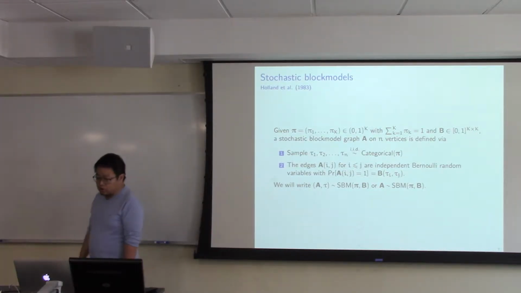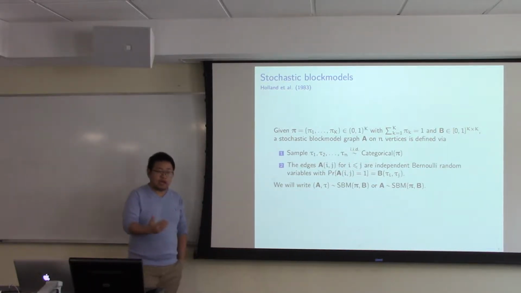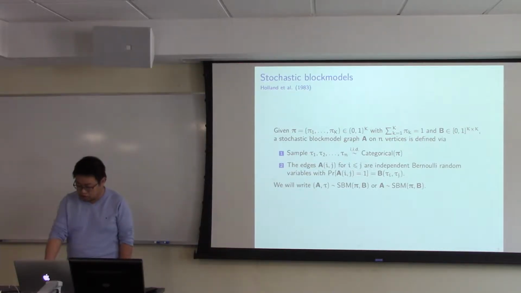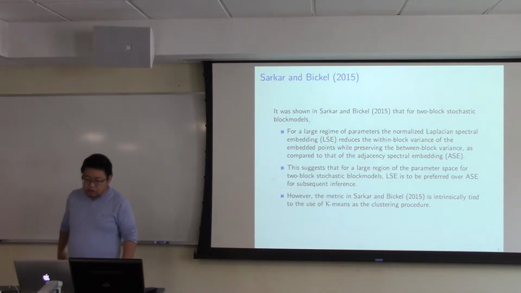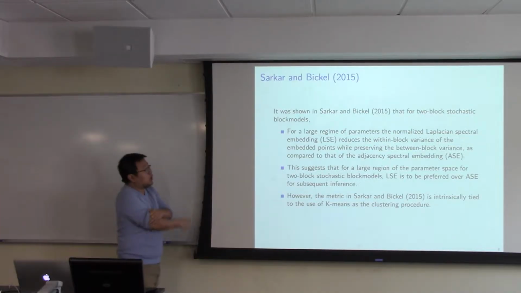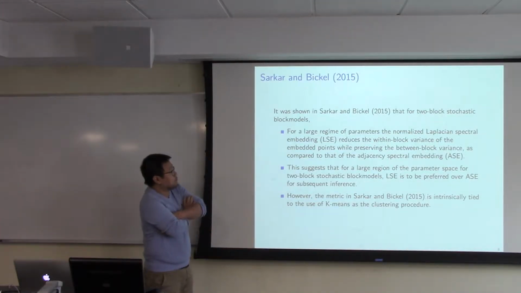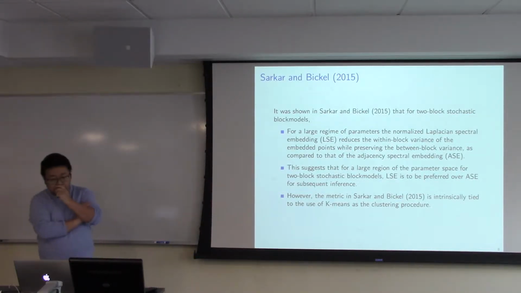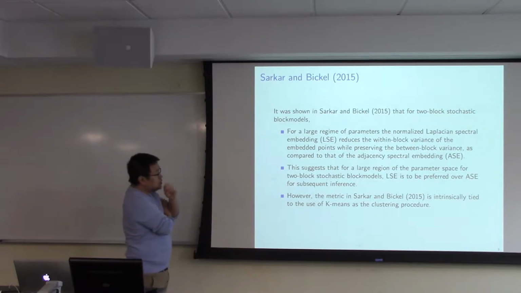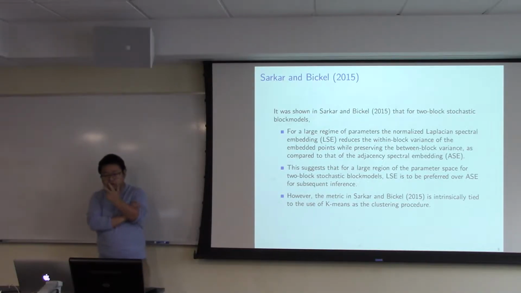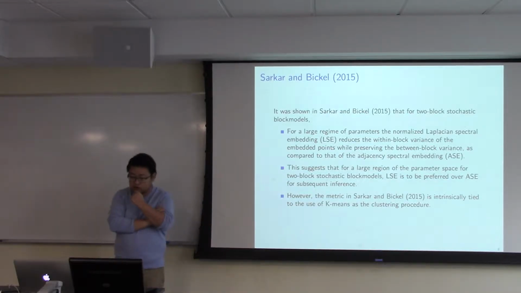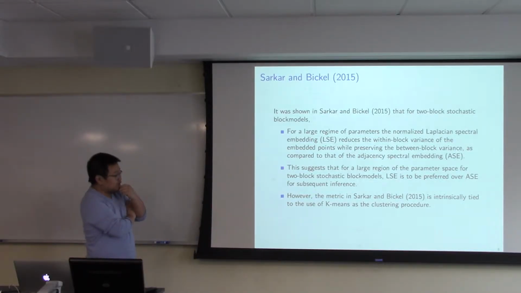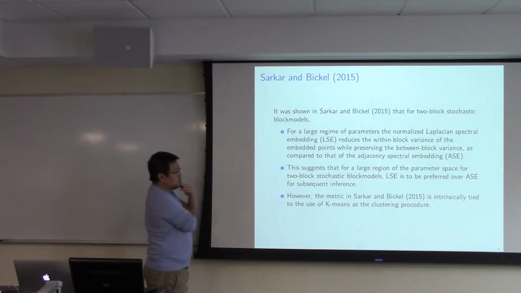So we will use this model to answer the question, which choice of embedding method and which choice of clustering procedure is to be preferred. A paper that motivates this work was a paper by Purnamrita Sarkar and Peter Bickel, who showed for the very specific case of two-block stochastic block models that for a large regime of parameters, the normalized Laplacian spectral embedding reduces the within-block variance of the embedded points, while preserving the between-block variance, when you compare this to that of ASE.